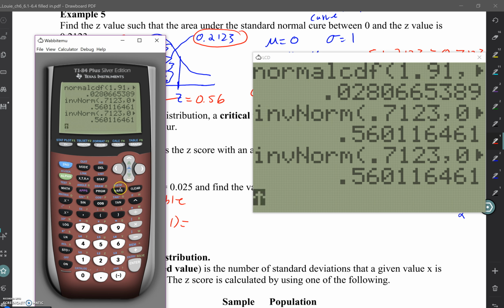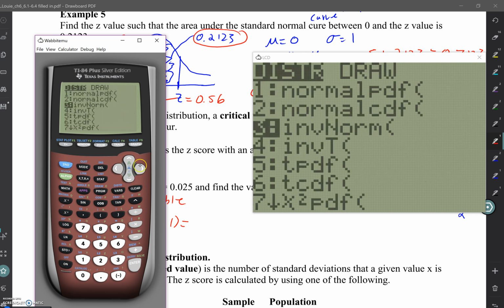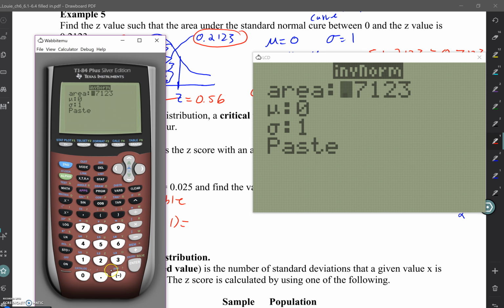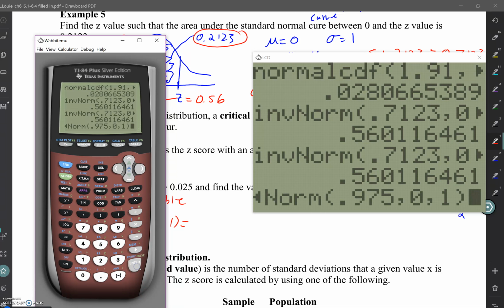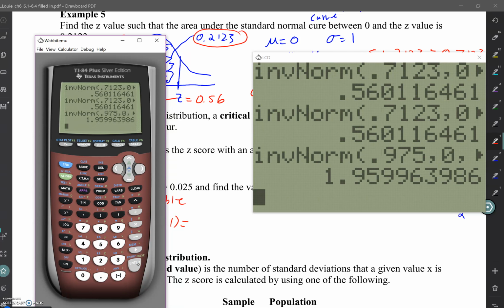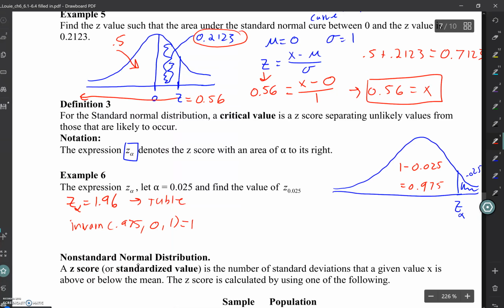If I go to my distributions, inverse normal, 0.975, and a 0 and a 1. Again, it's going to give you a few more decimals, but we want to round to the 2 decimal place, so we'd get 1.96 from it as well. I'm going to put that we got 1.9599 and say 1.96 when we round.